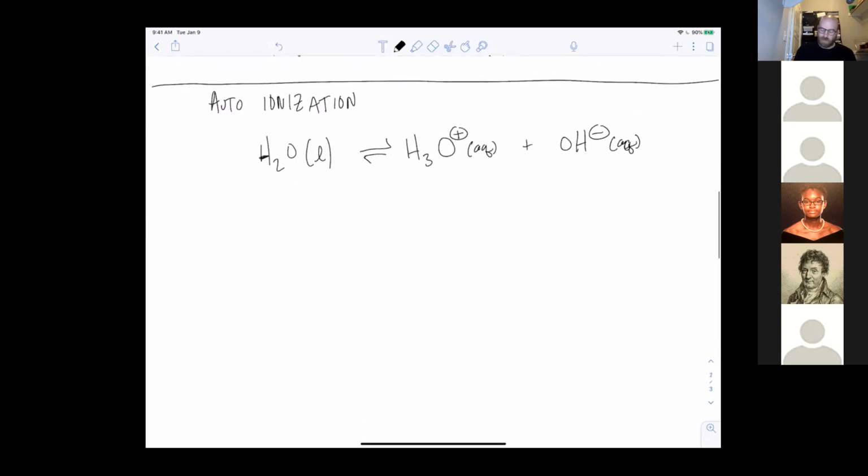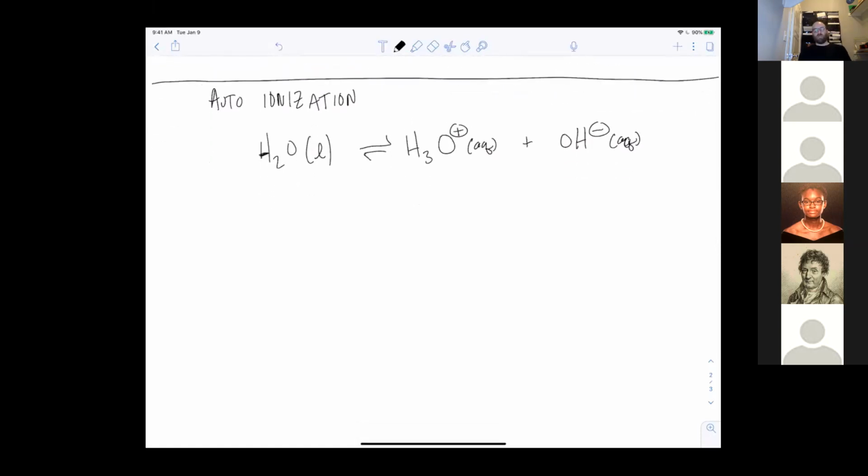But all right, so in the next part here, we're looking at this reaction, which I kind of hinted at when I talked about water being both an acid and a base. If you just have a glass of water, water is mostly in the form that we're familiar with, which is HOH.